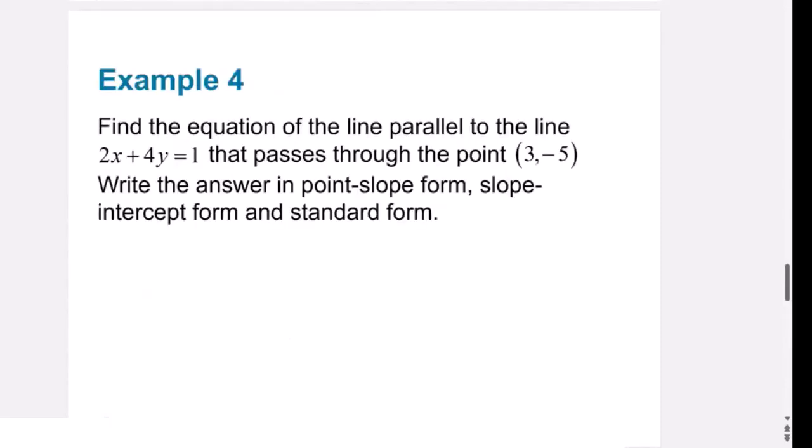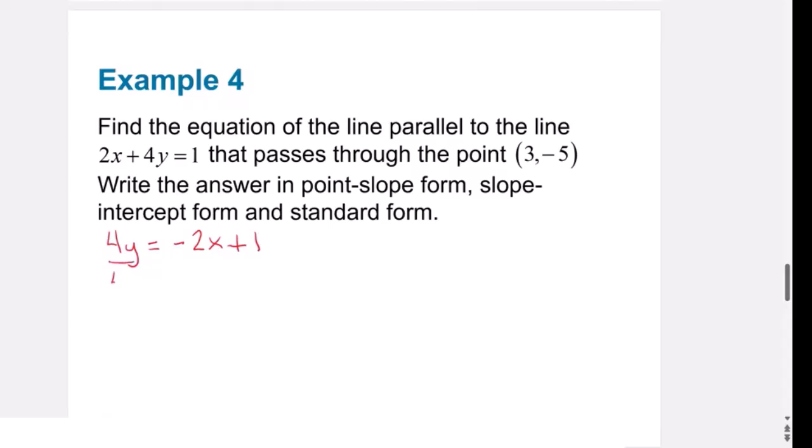So the first thing I want to do is find the slope, right? So I'm going to solve for y. I get 4y. I'm subtracting 2x from both sides, so I get minus 2x plus 1, right?